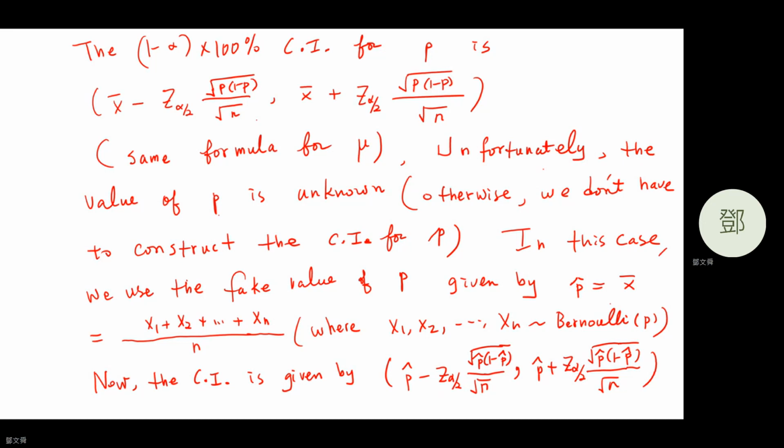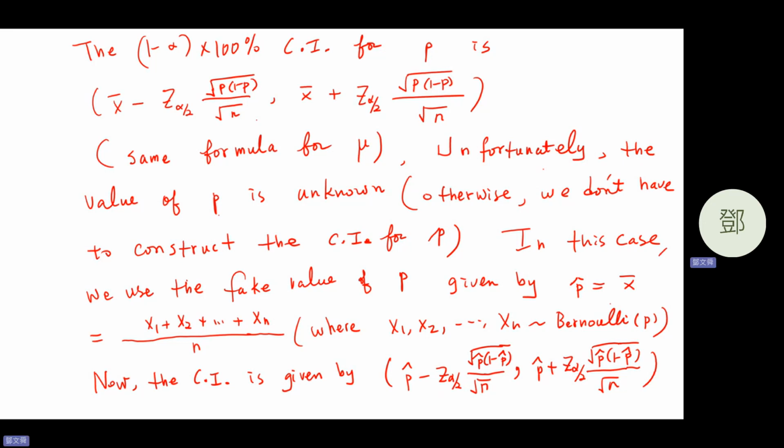So here we have the confidence interval formula for the population proportion P. Essentially, it is the same as what we learned for the confidence interval for mu. This is the X bar, and this is the table value from the normal table. This is the sample size.